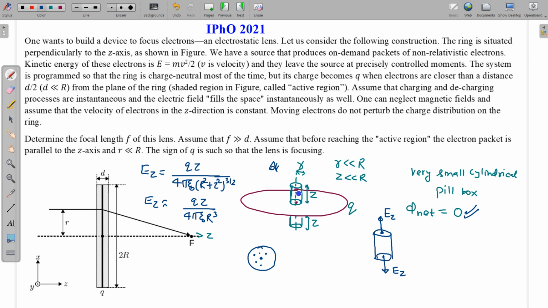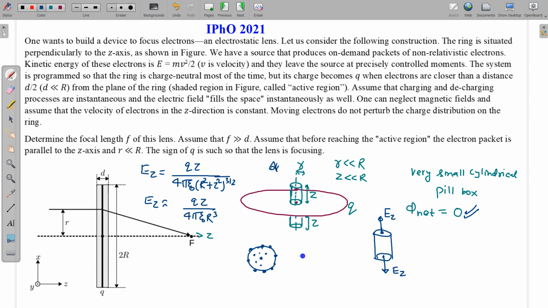Now what is the electric field on the curved surface of this cylinder? Obviously the electric field should be symmetrical, because all these points are identical. So the symmetric direction can be the radial direction, radially inward or radially outward.